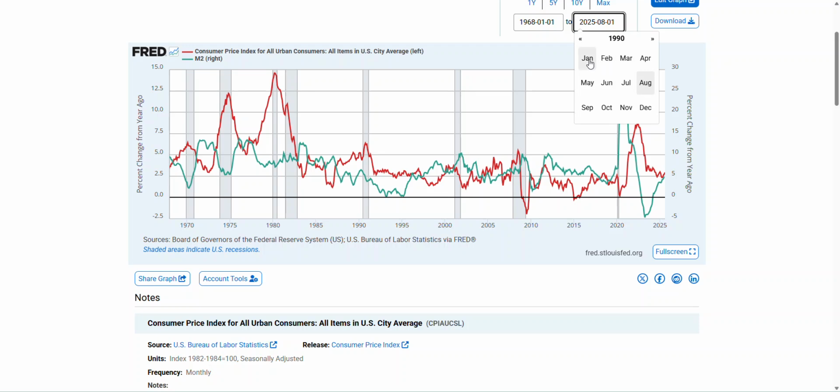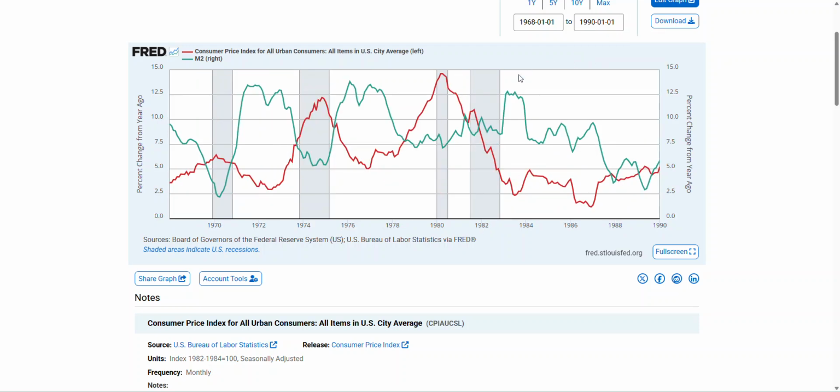Again, choose a month. I don't really care for this example. Now we're looking at ancient history, right? The peaks of the consumer price index, the inflation, are standing out. But look what happens a little bit before, maybe 12 months or more, those inflationary peaks.